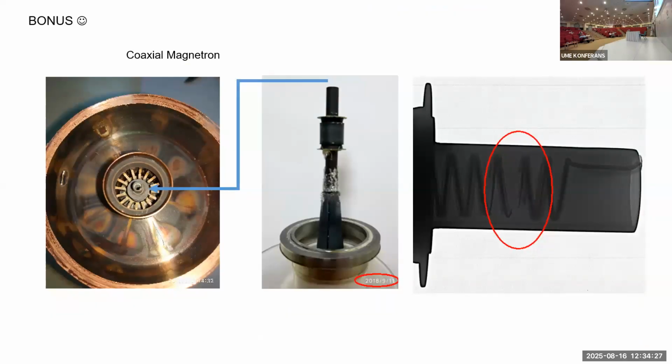It is a bonus. Mohammed talked about the coaxial magnetron, and I remembered one of the pictures that I had taken 7 or 8 years before, in 2018.